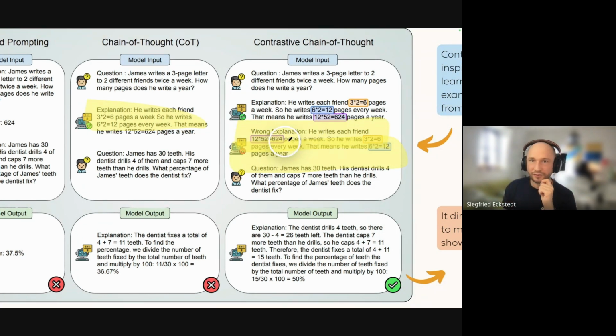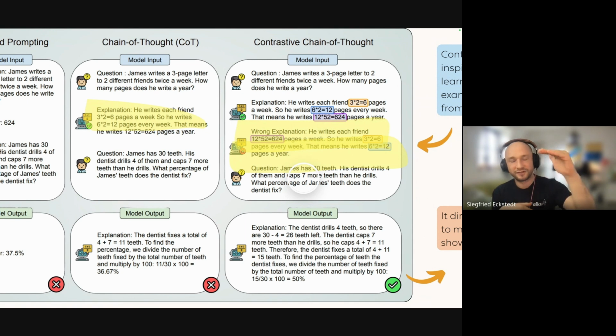The way they create the wrong explanation is basically just to shuffle around the calculations that occur stepwise, so they basically shuffle around some of the objects here. And this is a very, very simple and effective way to come up with wrong examples, or wrong explanations, as it's called here.